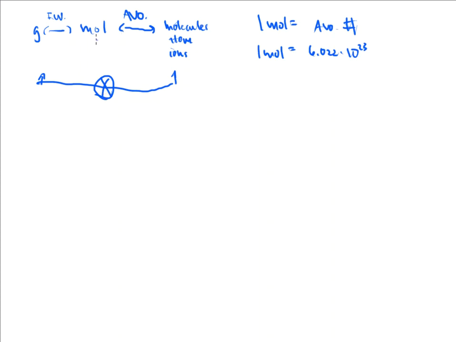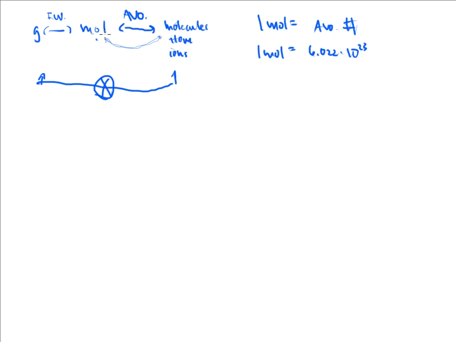Sometimes they'll give you mole, and they'll say how many molecules. That's easy. That just requires Avogadro's number, and that's it. Very similar to what we've already done. Or they can give you the number of molecules, and they can say how many moles is that. Again, very similar to what we've already done. It requires one step. The only thing we need is Avogadro's number in order to get there.